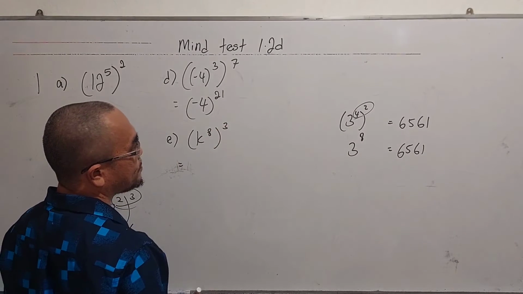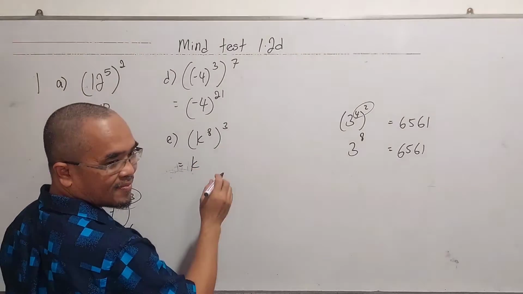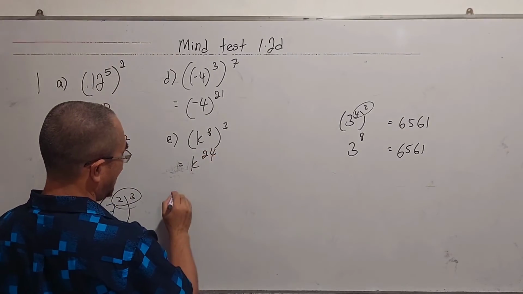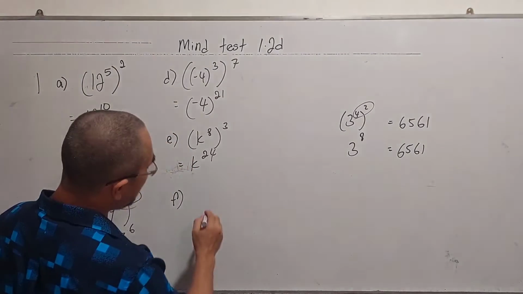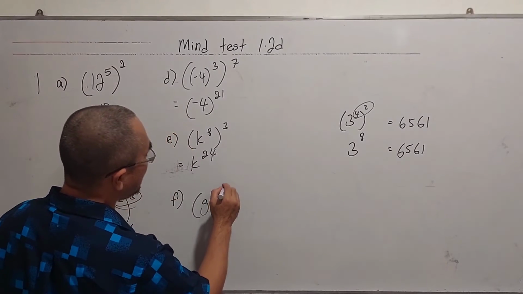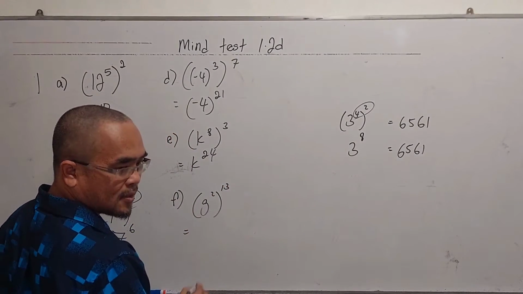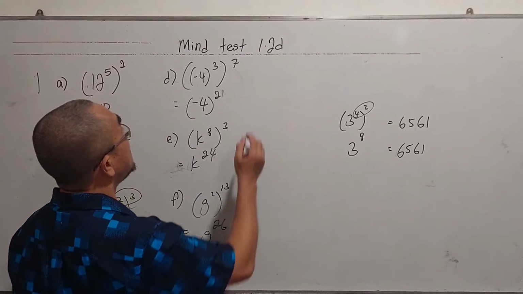Simplify that: K to the power of 24. F, G to the power of 2 to the power of 13. G to the power of 26.